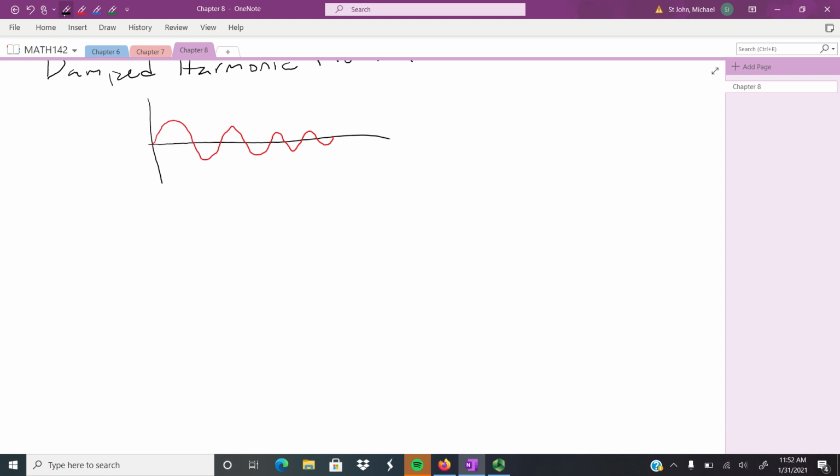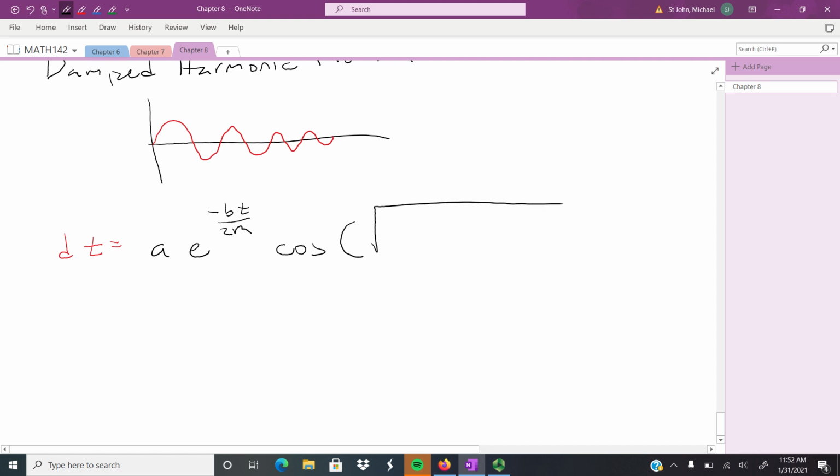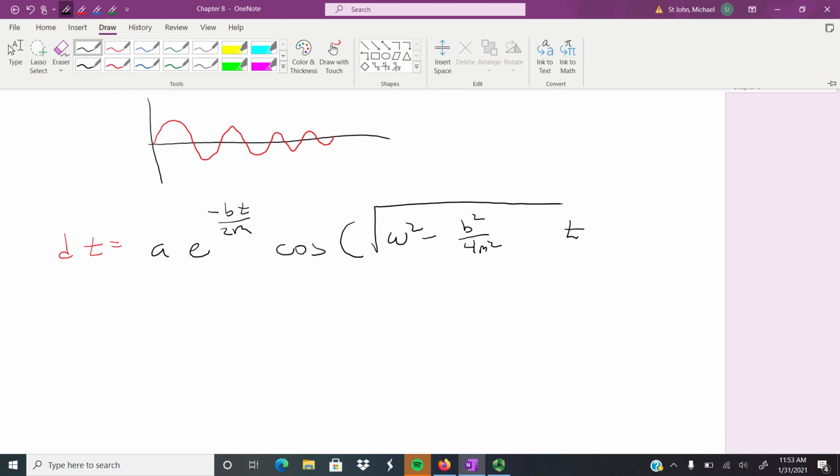And so here we have this formula. d(t) is equal to A e to the power of minus, something, times cosine of the square root of omega squared minus b squared over 4m squared, times t.